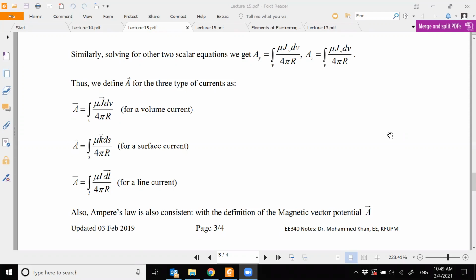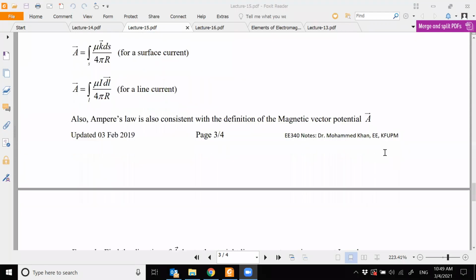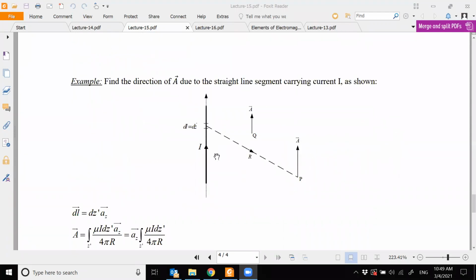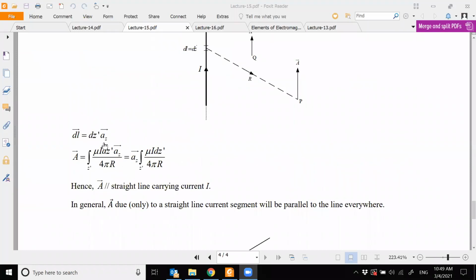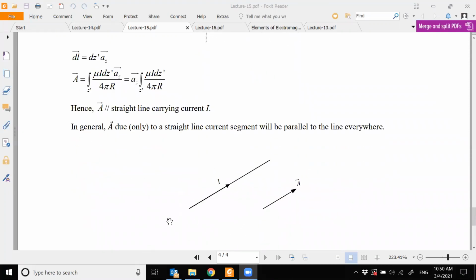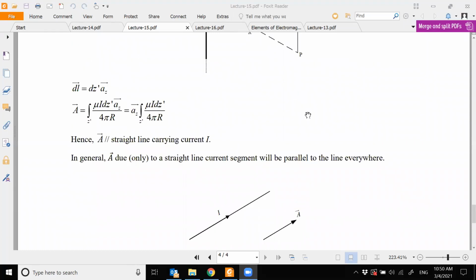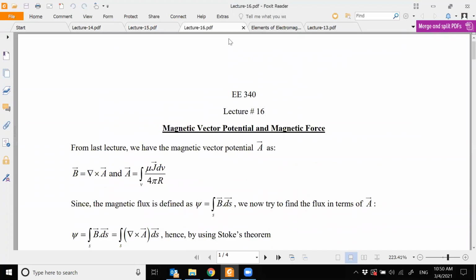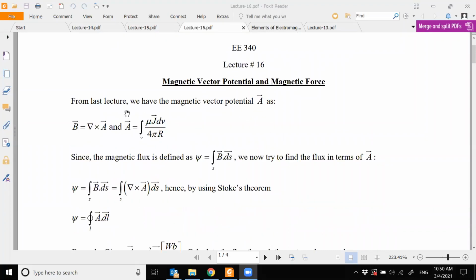Therefore, we use magnetic vector potential for our magnetostatic cases. And the direction will always be the direction of the current, because your A bar will always be parallel to the line carrying current I. If the direction of the current is in this direction, then A bar is in this direction. So this is the magnetic vector potential definition.